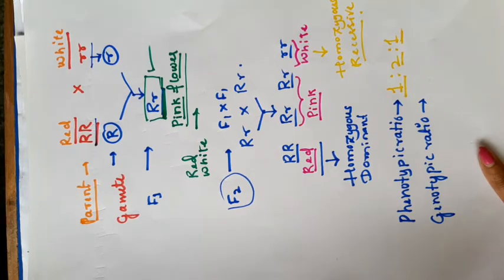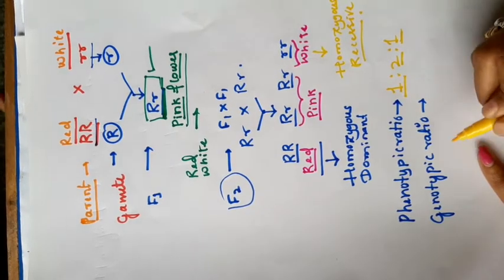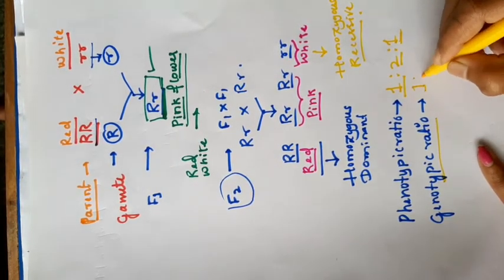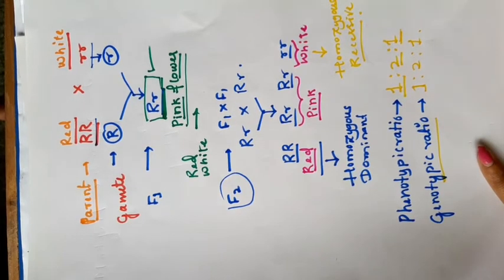That's why for the F1 hybrid, we can see both the characters. They express equally, or partially, we can say. Then the genotypic ratio is the same as the phenotypic, though genetically they are different.